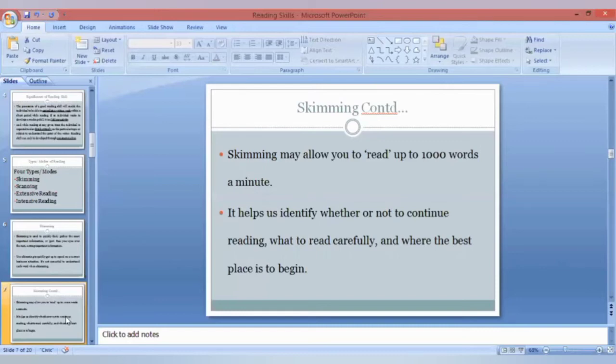So this mode of reading helps you identify whether you should continue reading that document or not, and it also helps you know what to read carefully and where the best place is to begin in the text.